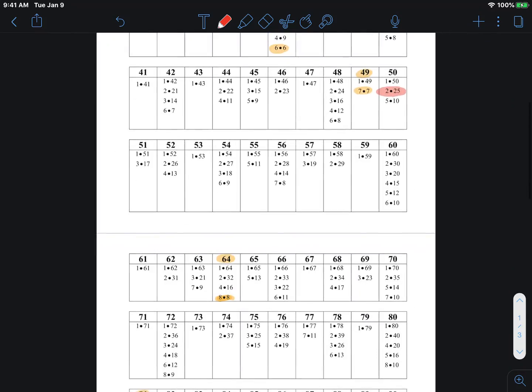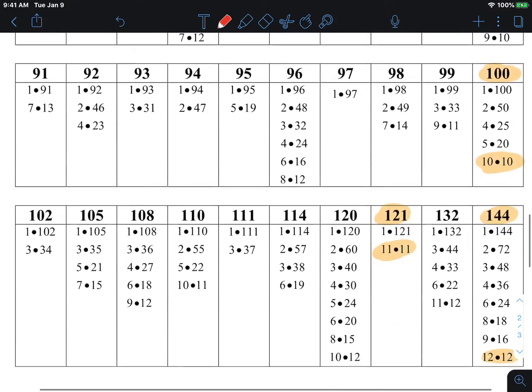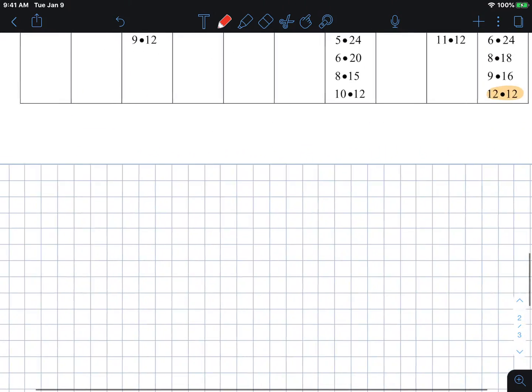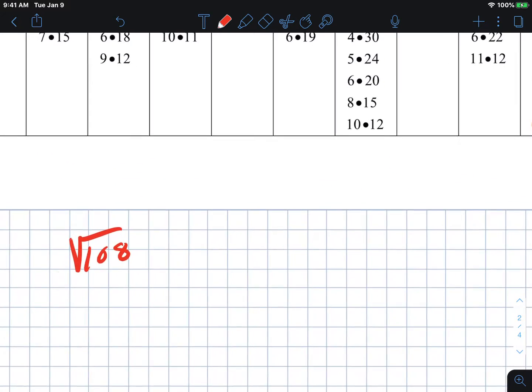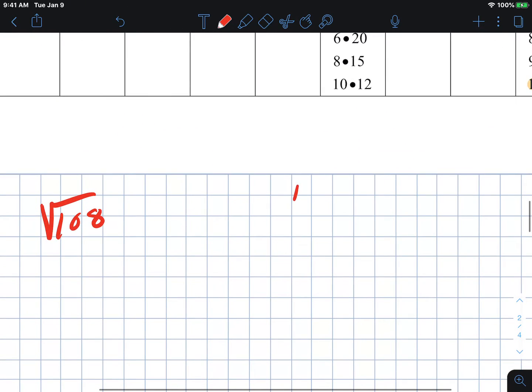What do I mean? Say you were looking at taking the square root of 108. You could do it two ways. One way is to take 108 and just start breaking it down into its factors. So say I'm thinking about what is going to go into 108.